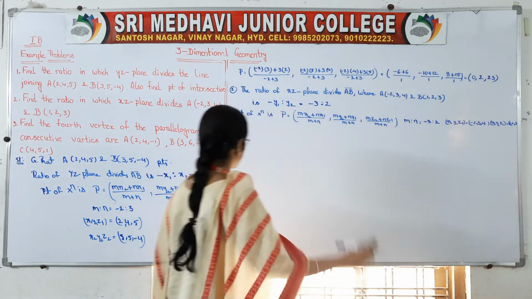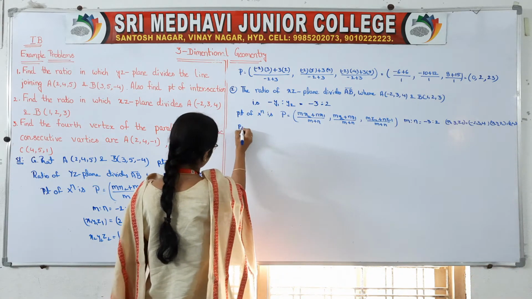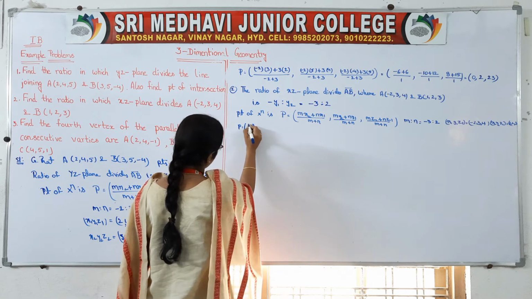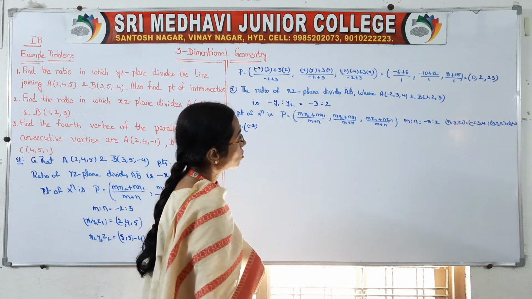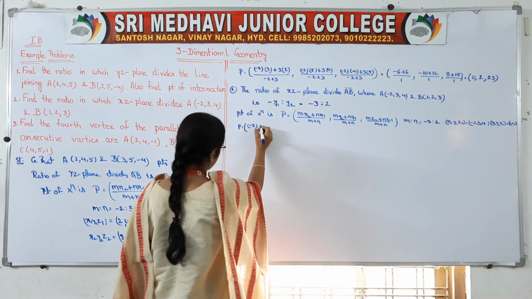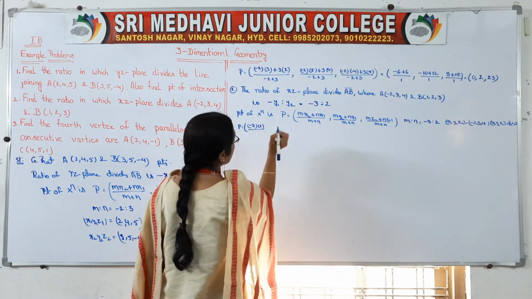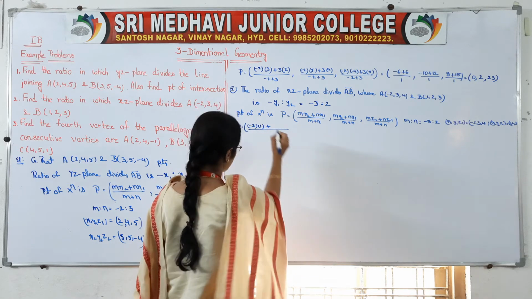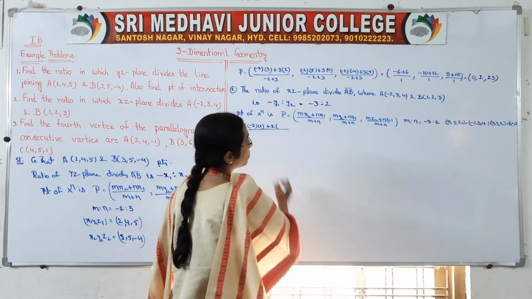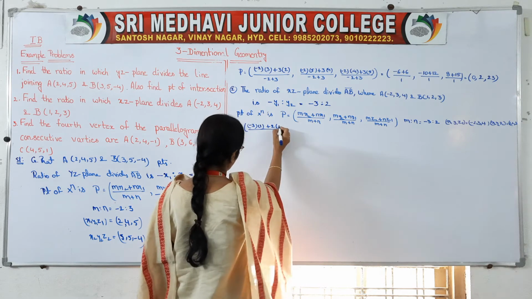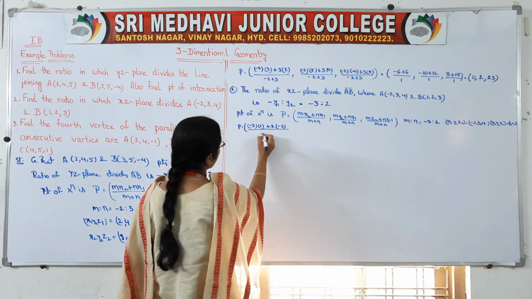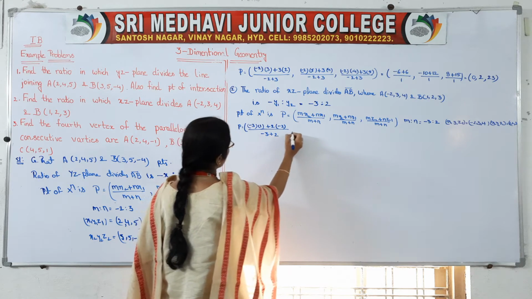Okay, so substitute here. P is equal to m, minus 3, into x2. What is x2? It is 1, plus n x1. What is n? It is 2. What is your x1? Minus 2, by m plus n, minus 3 plus 2.